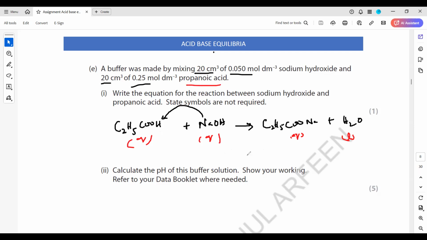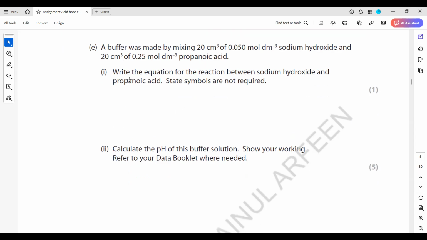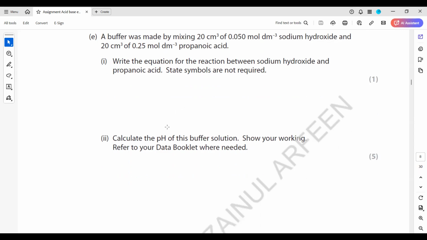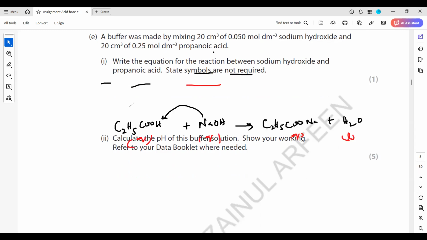And for propanoic acid, we already know from the data booklet the Ka, the dissociation constant, which is 1.3 exponent minus 5. We will use that to work out the pH. How can we use it? This is an equation for us.